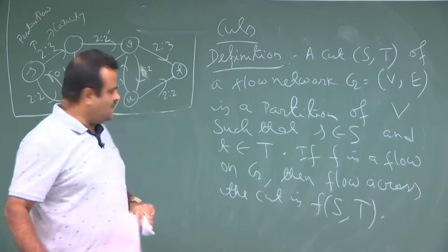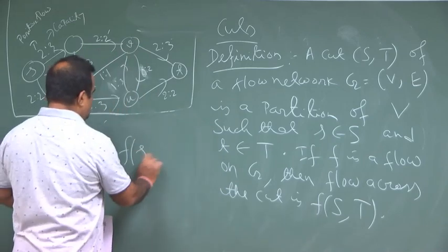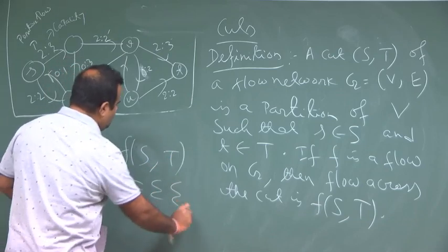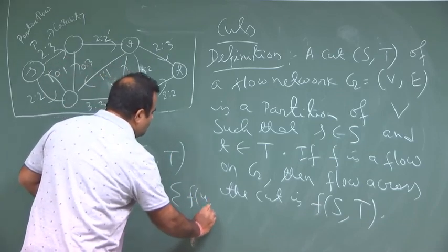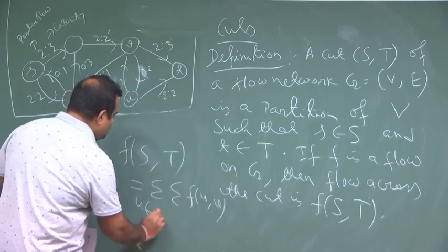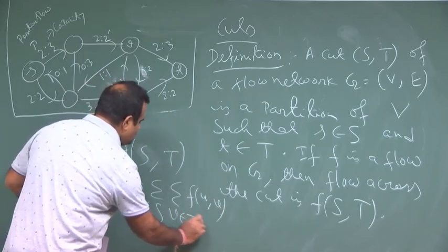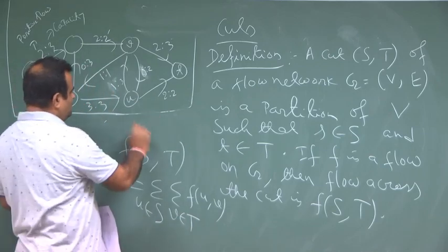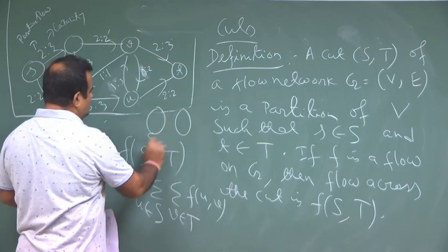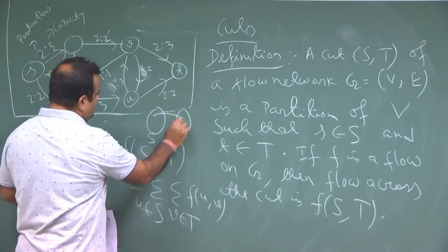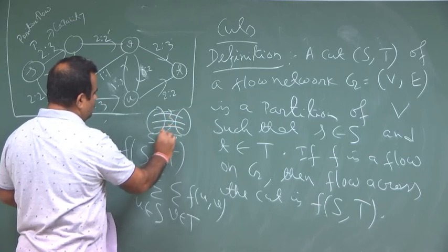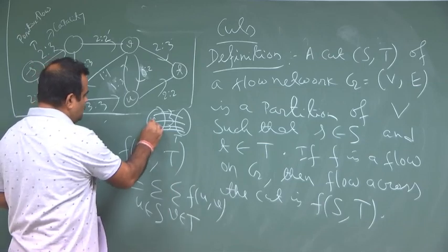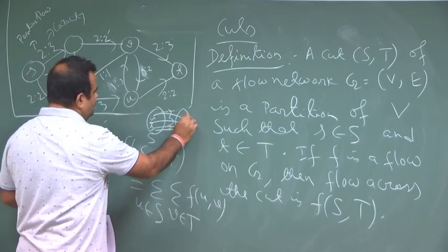So, f(S, T) is basically nothing but the double summation of f(u, v), where u belongs to the S set and v belongs to the T set. Basically, we are partitioning V, the total vertex set, into two parts, S set and T set. Now, there are edges from u to v, where one end is in S and the other is in T. We know small s is here, we know small t is here.